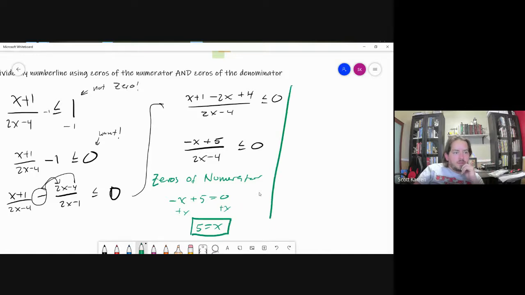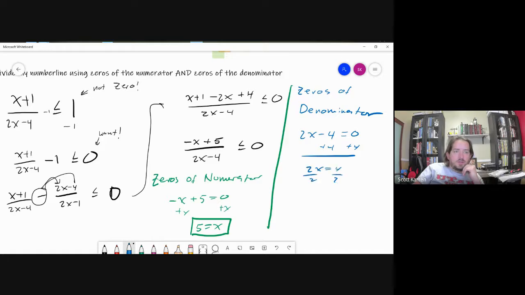Right? And then I want to go through the same process, but define zeros of the denominator. That's just to set the denominator equal to 0. So add 4, divide by 2, and I have x equals 2.